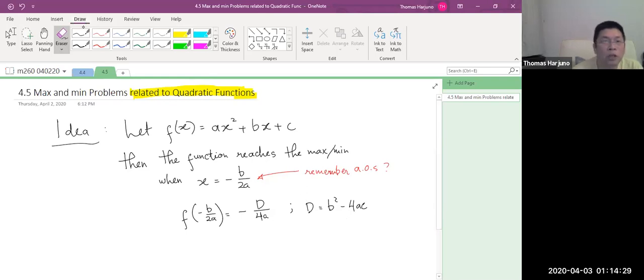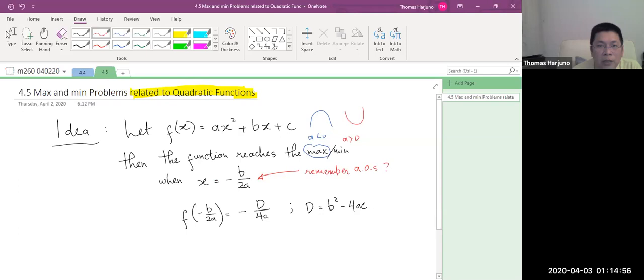Of course, it will be a maximum when the leading coefficient is negative, because the parabola opens down. And it will be a minimum when the leading coefficient is positive, because the parabola opens up.